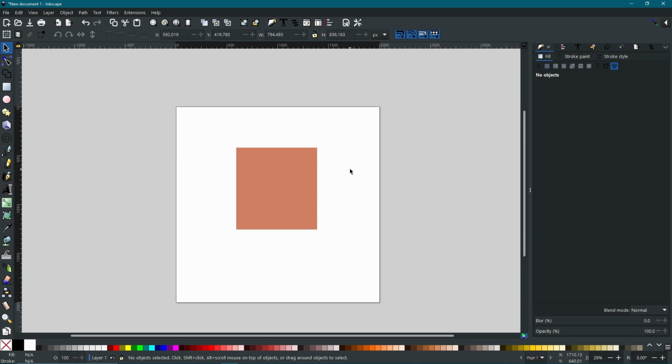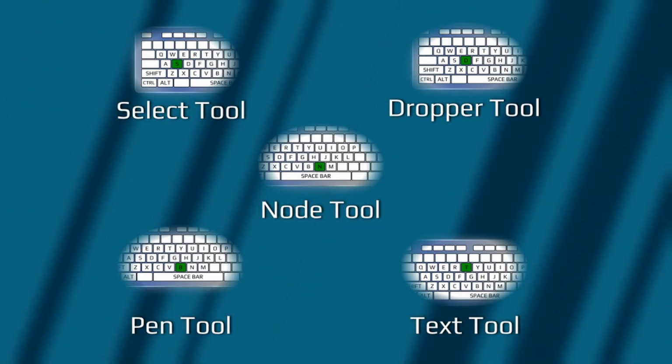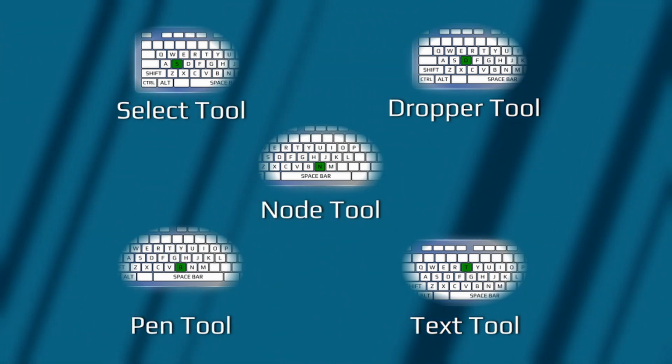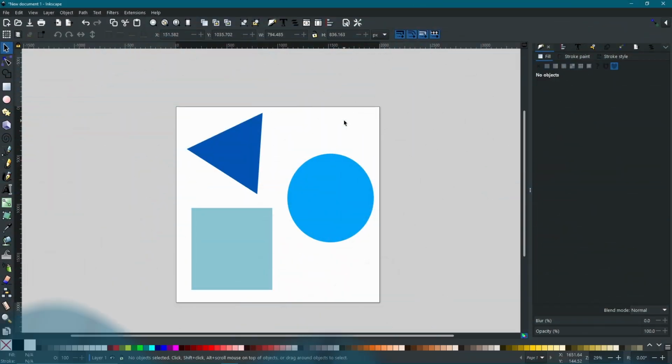Tool shortcuts. Instead of going to the left-hand toolbar in order to select your tools, you can use the keyboard shortcuts to get from one to another. So say you wanted to use the select tool, but you had your text tool selected.